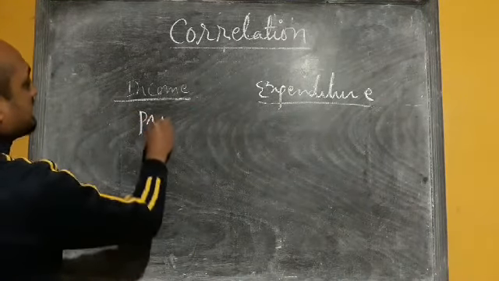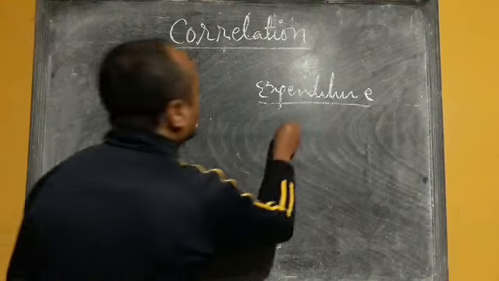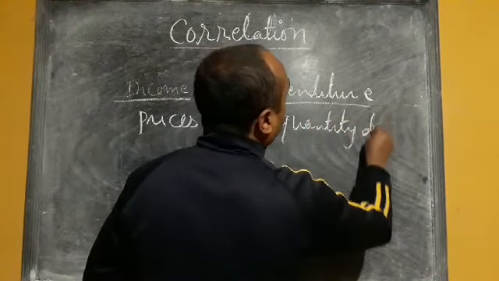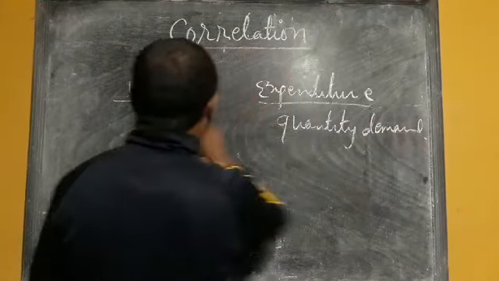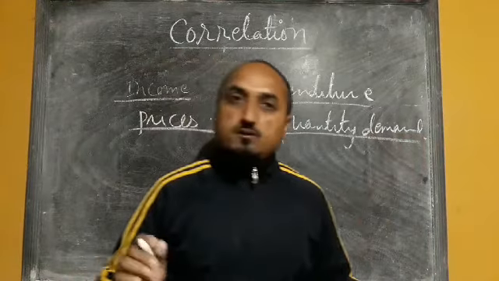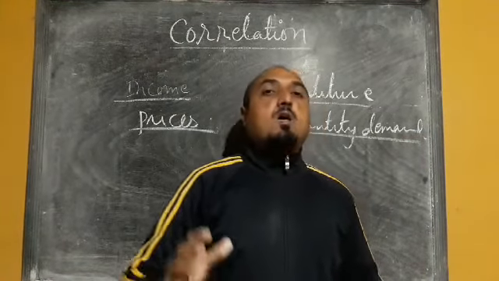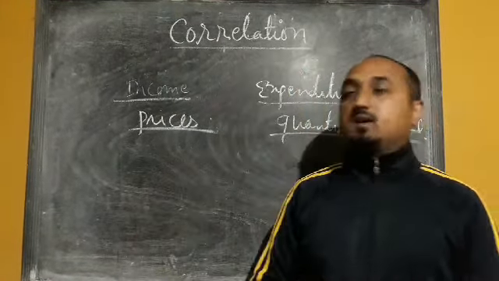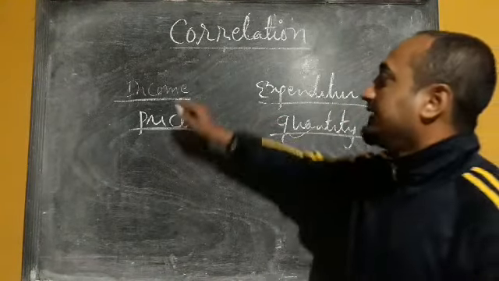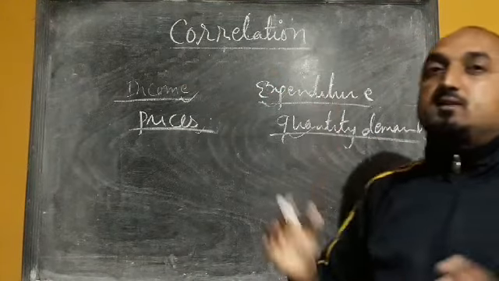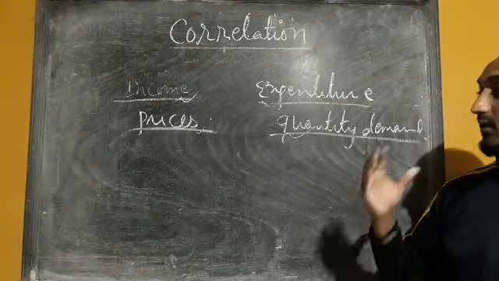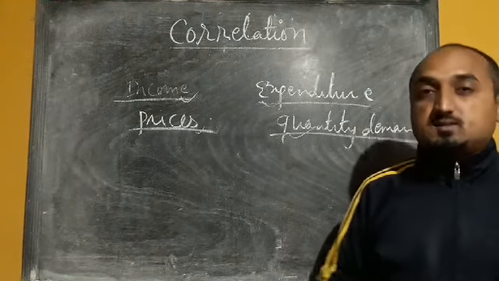When I take the example of prices and quantity demanded, price is one variable and quantity demanded is another variable. So here the two variables are interrelated. Price and quantity demanded are interrelated, income and expenditure are also interrelated. So we can see that the variables are interrelated with each other.